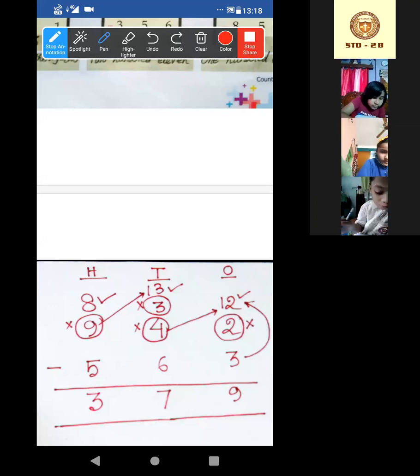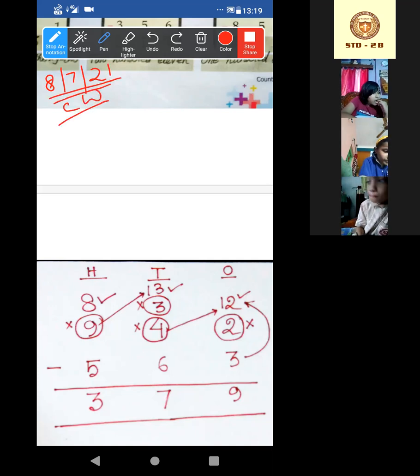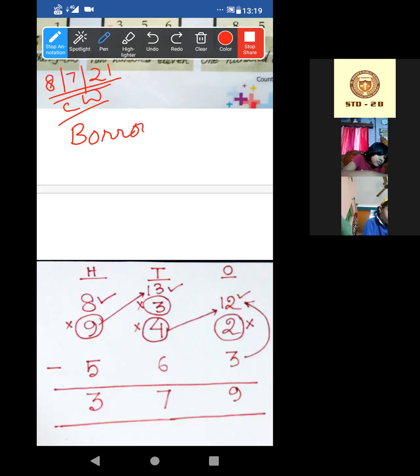So first put the date, 8th of July. CW. Okay. Then give the heading: borrowing subtraction.